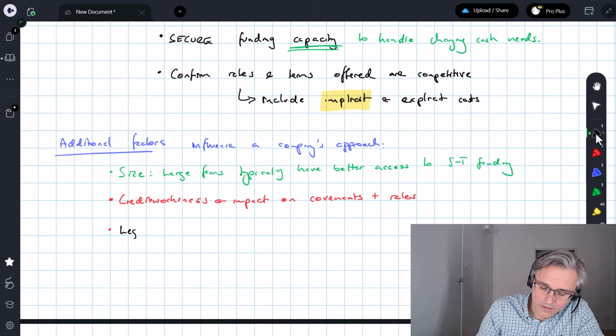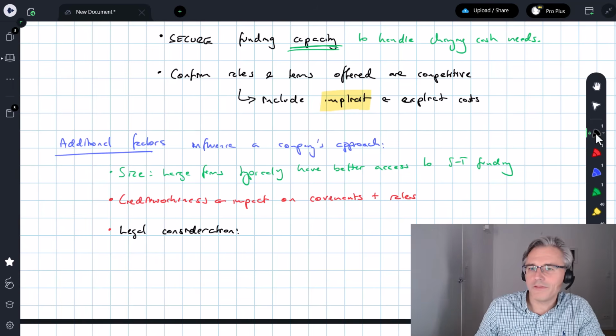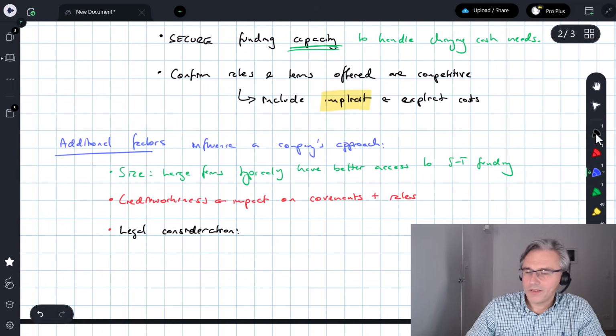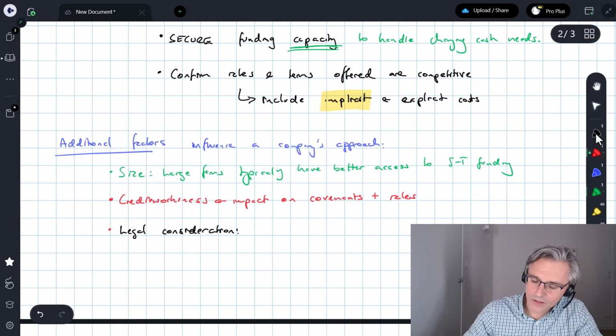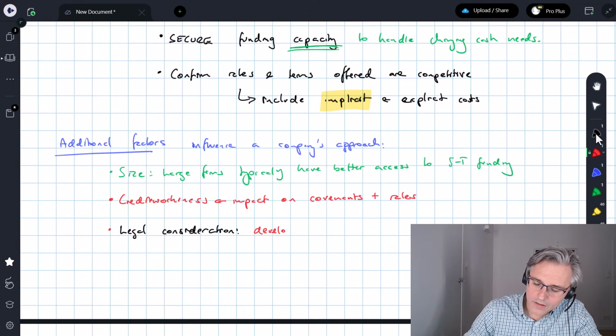Now, legal considerations will also be potentially important, but this is not company specific, it's more country specific or market specific, especially in developing markets.